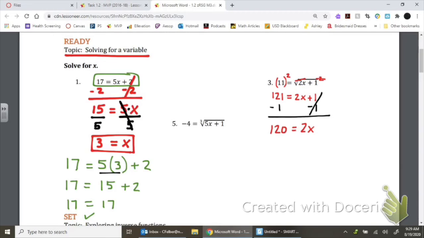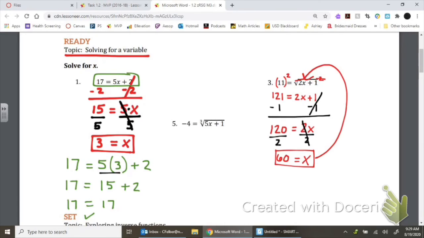Next thing I'm going to do is divide by 2, because the 2 and the x are being multiplied. These 2s are going to cancel out, leaving us with x equals, and then 120 divided by 2 will give me 60. Again, if I wanted to double check, I could substitute the 60 back in for the x and see that everything checks out.